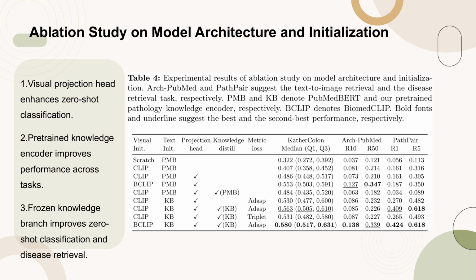Table 4 presents the results of an ablation study focusing on the impact of model architecture and initialization. The study evaluates different configurations of visual and text initialization, knowledge metric initialization, and loss functions. Key findings include that the visual projection head significantly enhances zero-shot classification performance.